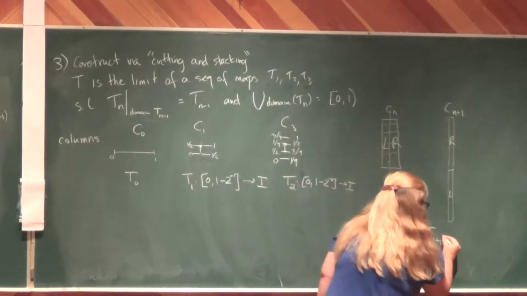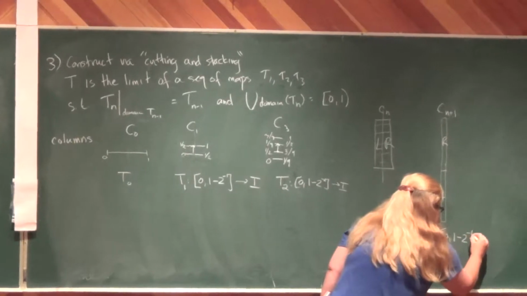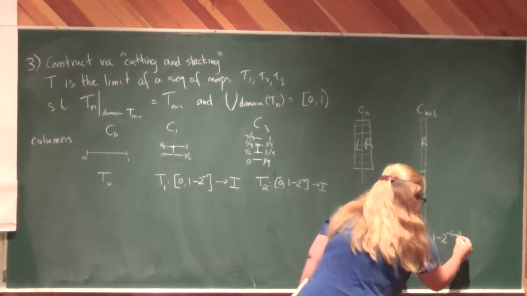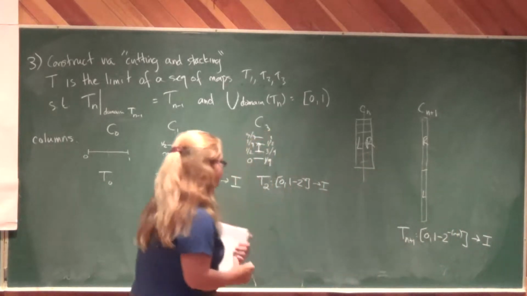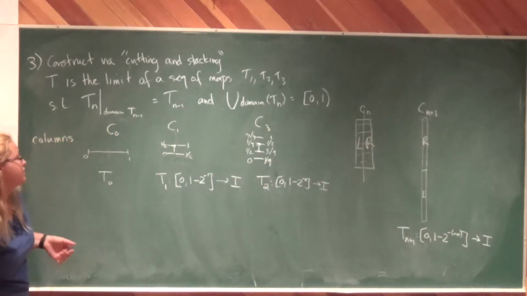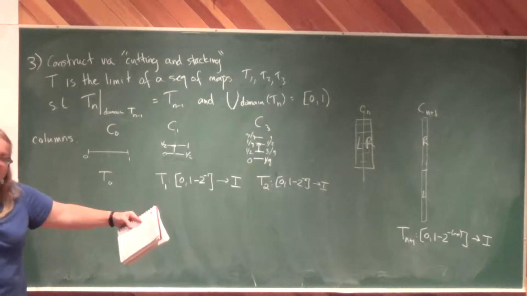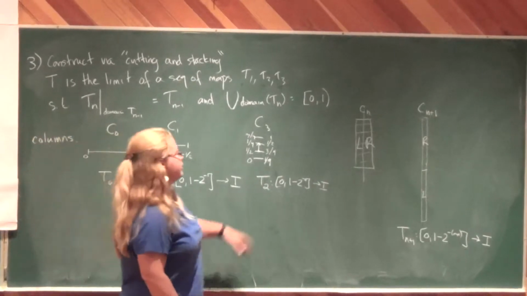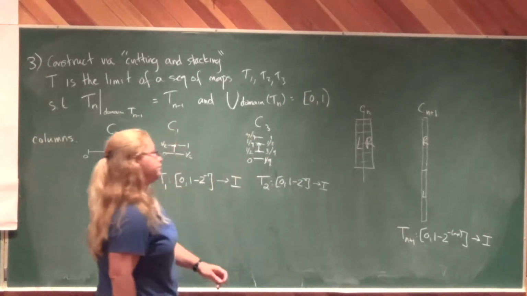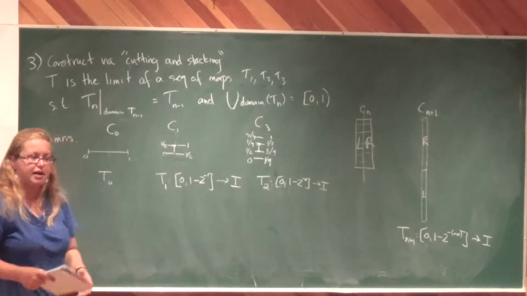So that means it's defined on everything except 1 minus 2 to the minus n plus 1, and maps to I. So the sequence of maps we construct in this way satisfies these properties: as we keep going, if we go far enough out, the domains eventually include the whole unit interval, open bracket on the right-hand side. And each one is an extension of the previous map.